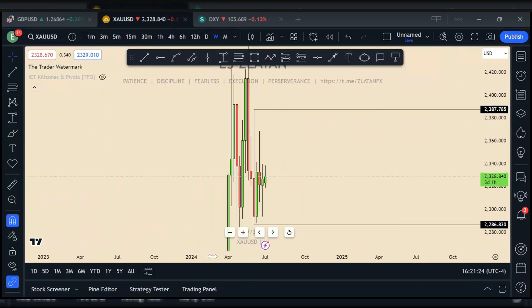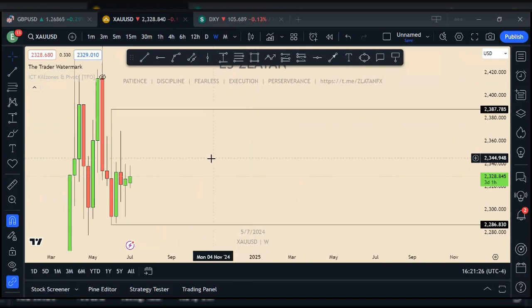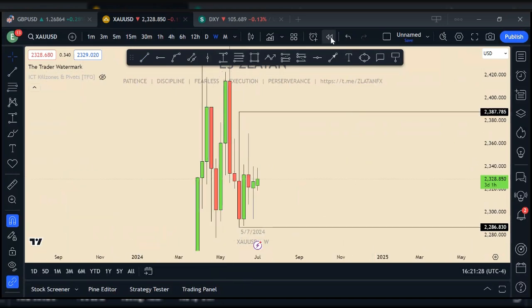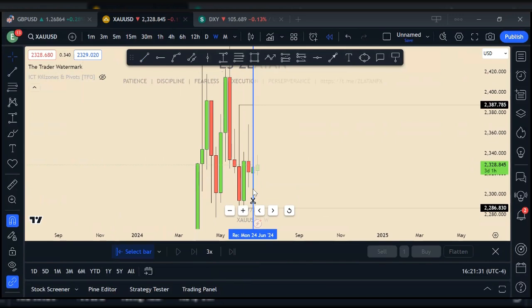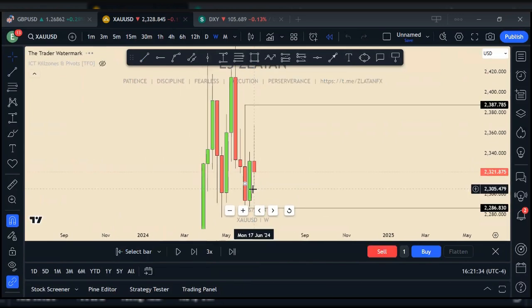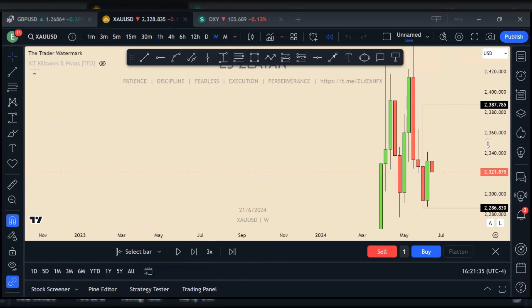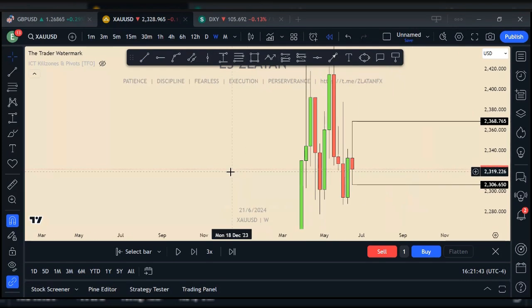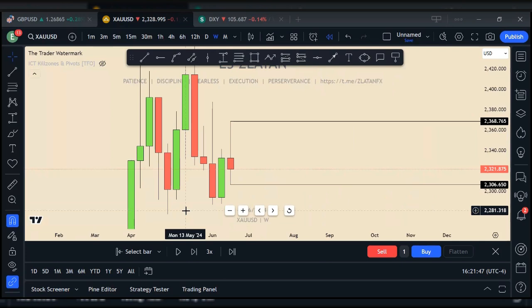So let me say, for instance, let's backtest this one right here. Let me say that this was my range right here. Now, entering the week, always mark the previous week's highs and lows.